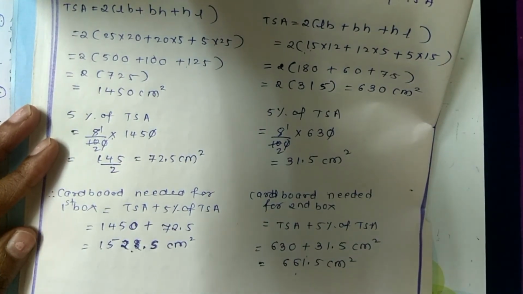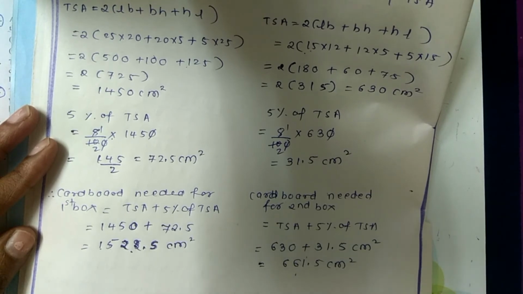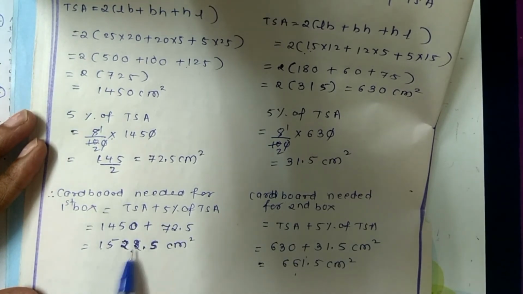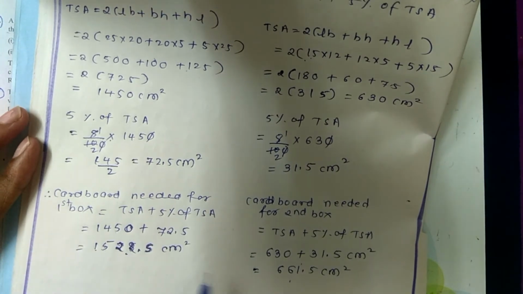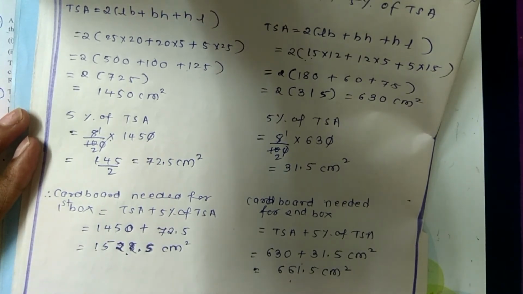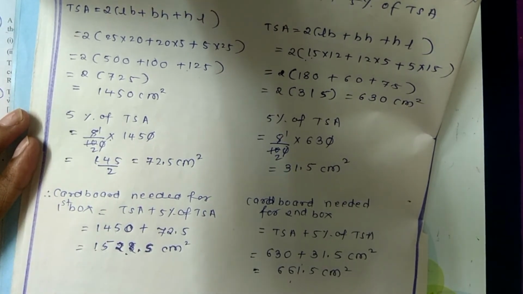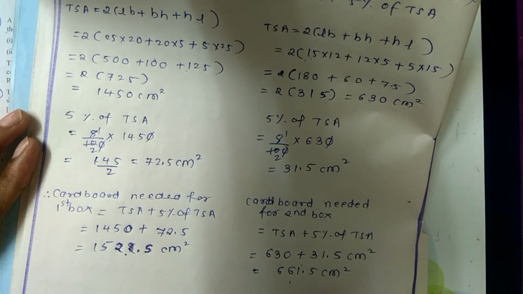So first of all, you can find out the cost of one box, and then you can multiply with 250 because of each kind of box we need 250. So that also you can do. Otherwise, first find out the area of 250 boxes and then find out the cost. So it depends on you. However you want, you can find out.